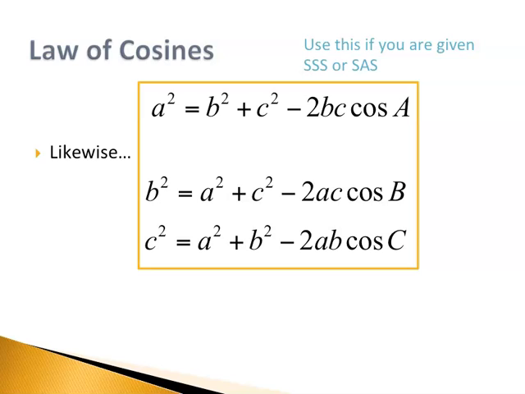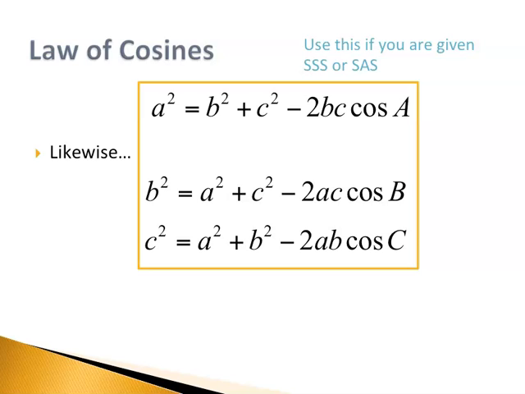Now the alternate form is similar to what we had earlier where we have different forms of this, but this is just written in a way where you have cosine of A by itself, and that way it makes it a little bit easier if, say, you have all three sides and you want to know what the angle measure is. This way it's already been moved over to one side for you.